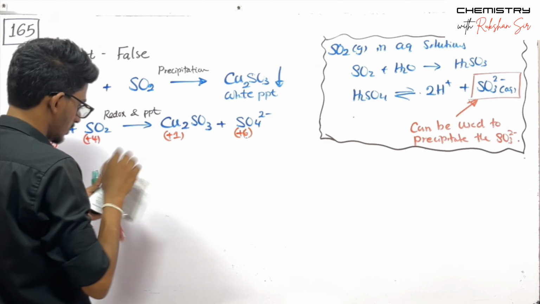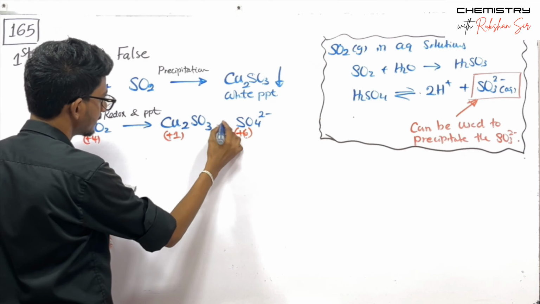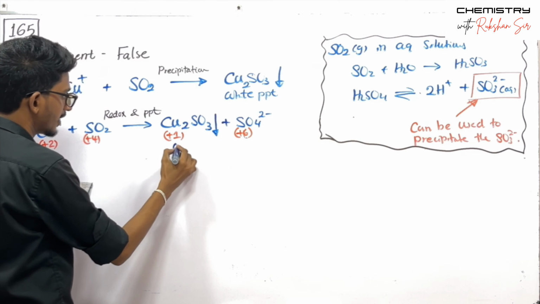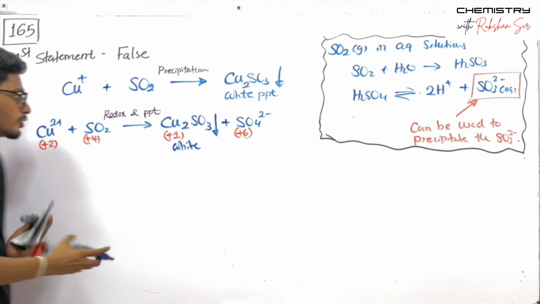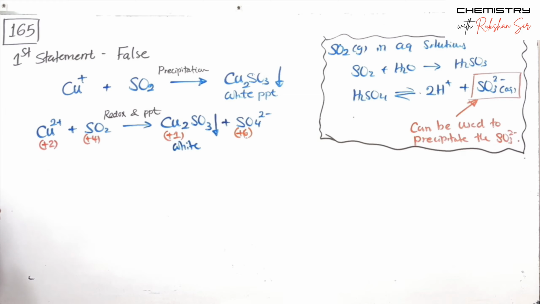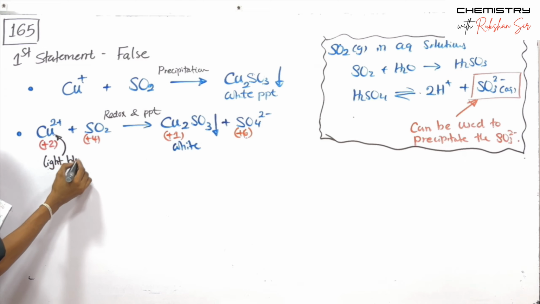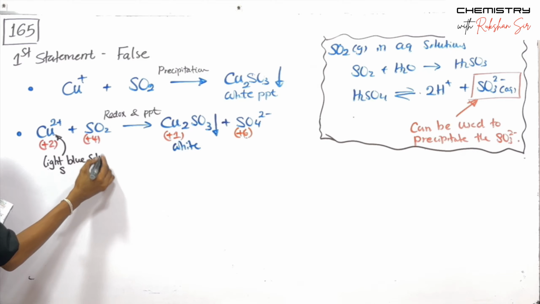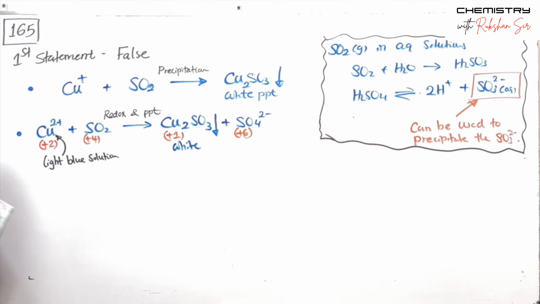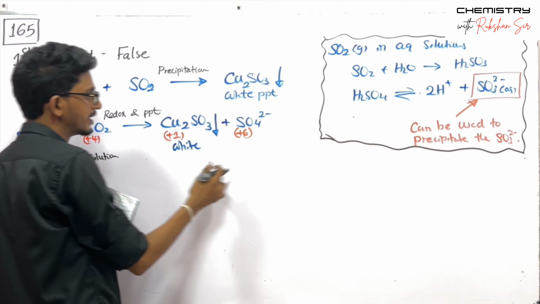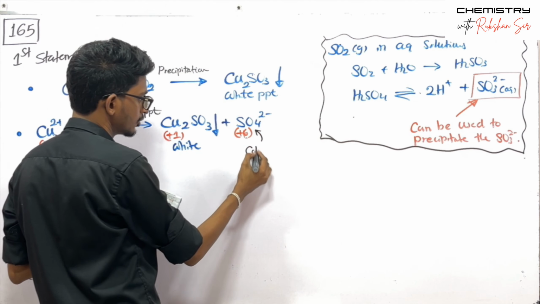So this one is a precipitate, which is white. So we can clearly see some color change in the solution. Here we are starting with a light blue solution, and ultimately you end up with some white precipitate and a colorless solution.